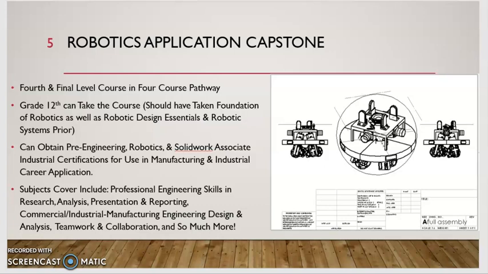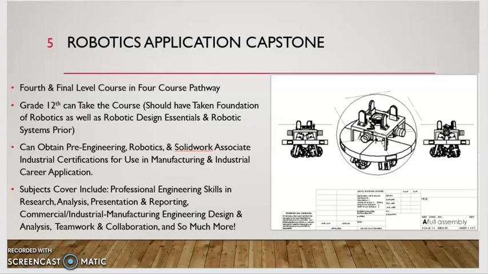They're going to go a lot more into finding out and searching for themselves the components they need for a device, finding them, assembling them, constructing them, design, and so forth. We'll look more into the commercial, industrial, manufacturing, engineering, design concepts, analysis, still more teamwork and collaboration.